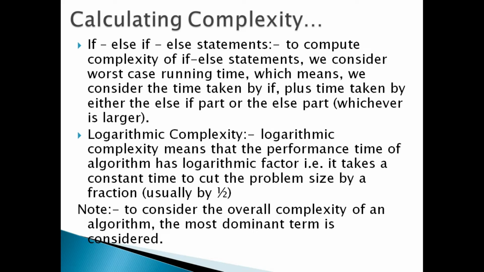How do we decide the complexity of a particular algorithm? We take the most dominant term in that complexity expression. That means the highest level of complexity is taken as the complexity of the algorithm. This will be clear when we discuss examples. But keep this point in mind: whenever we get an expression of complexity, the overall complexity of the algorithm is determined by the dominant term in that expression.